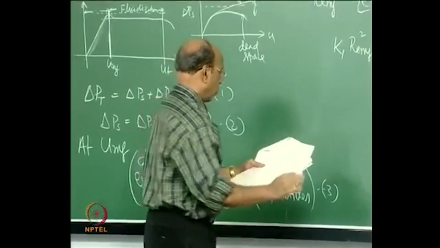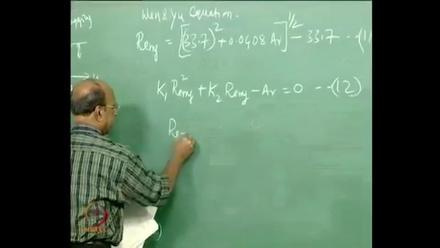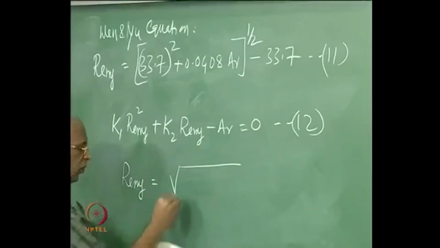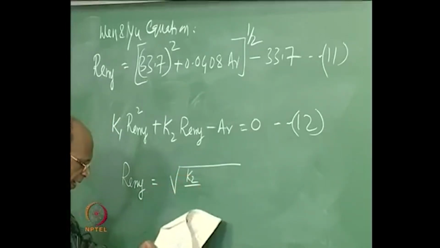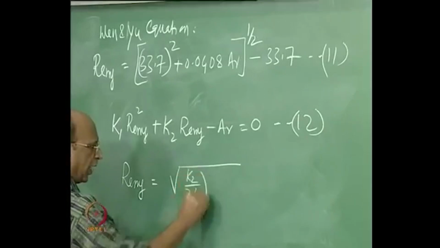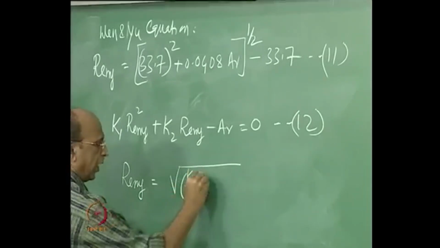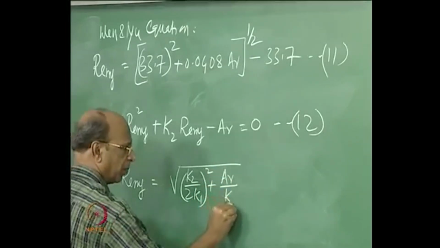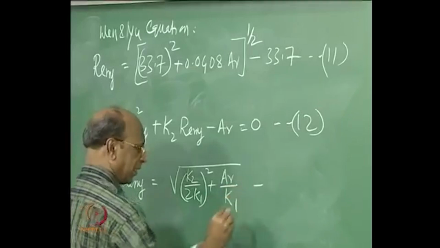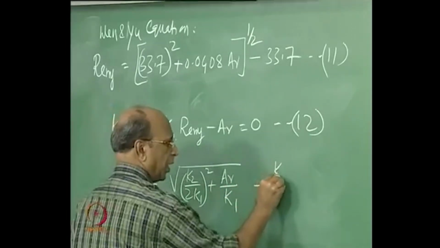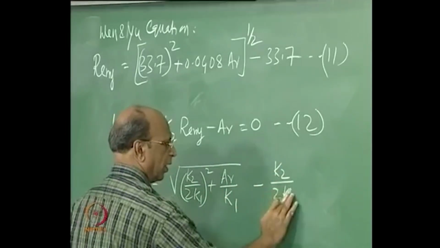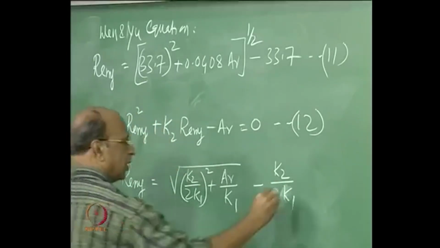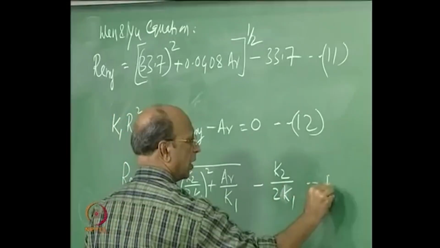So if they solve that, what they get is RMF equal to the square root of (k2 by 2 k1) whole square plus Archimedes by k1, minus k2 by 2 k1. This is equation number 13.